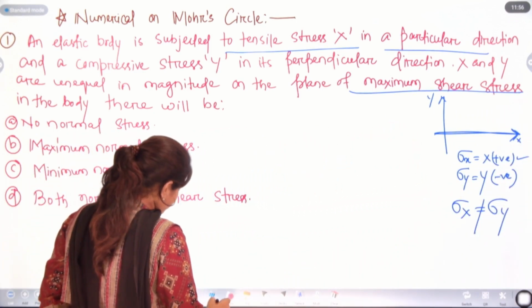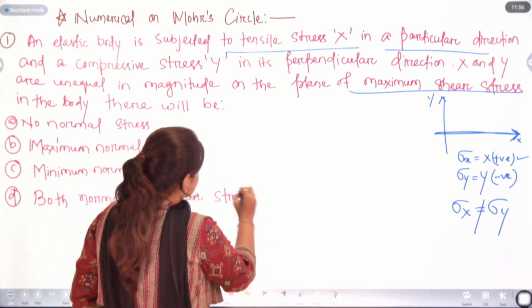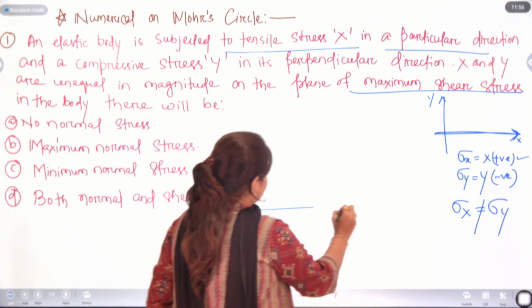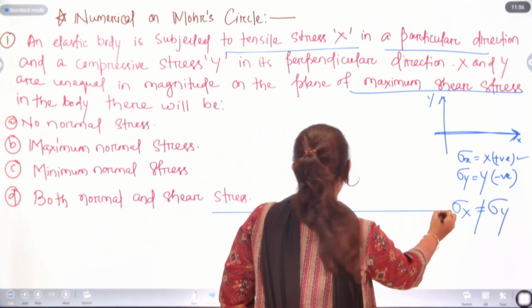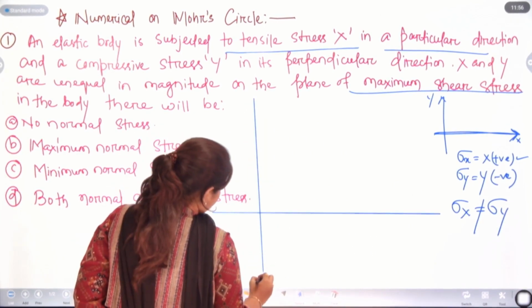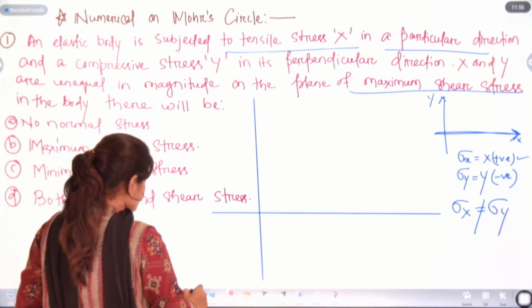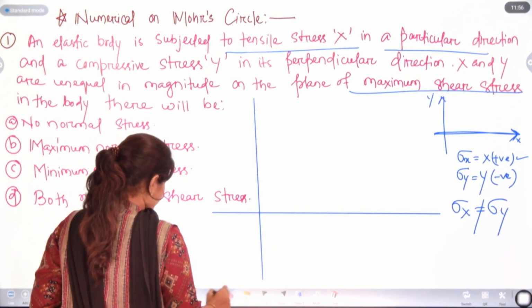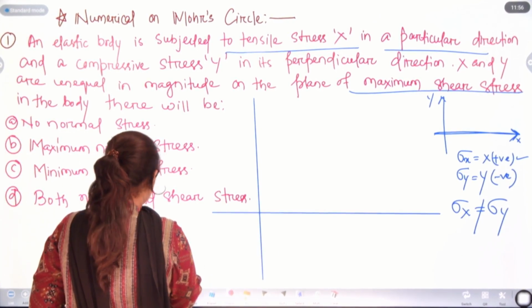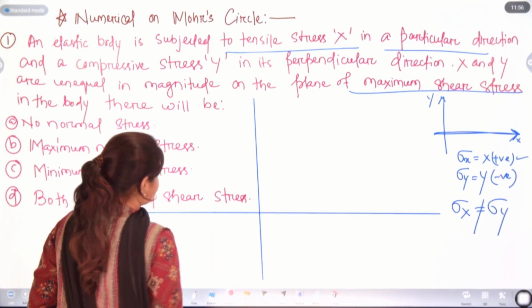So, to draw the Mohr circle, first we need to plot the x and y axes. Let us just extend this up to this point.